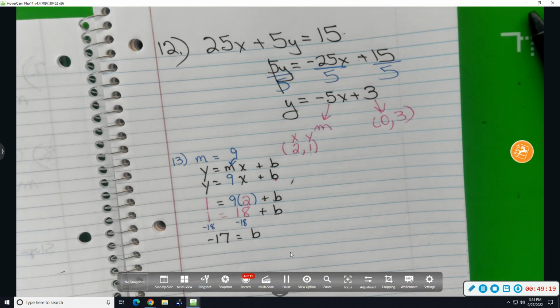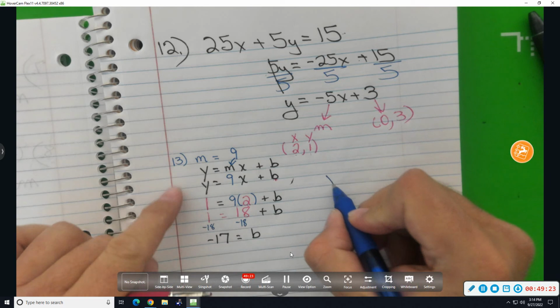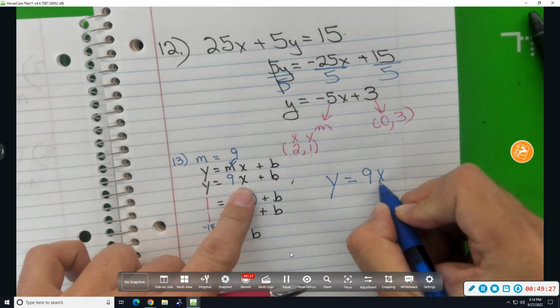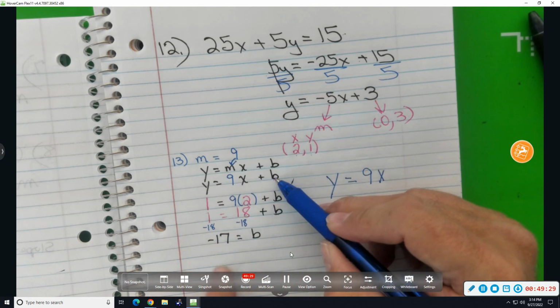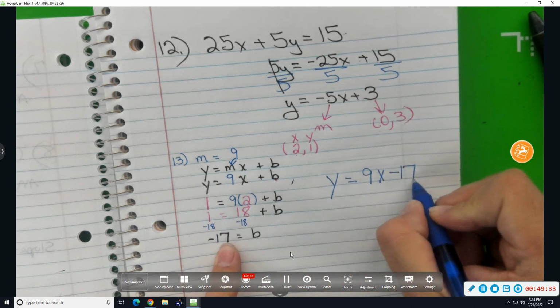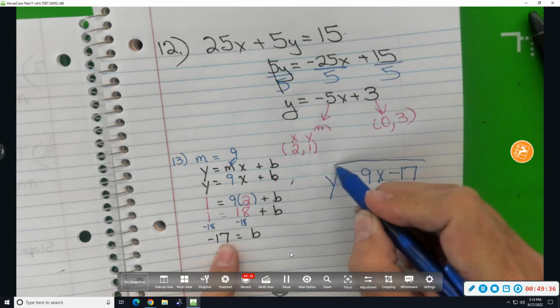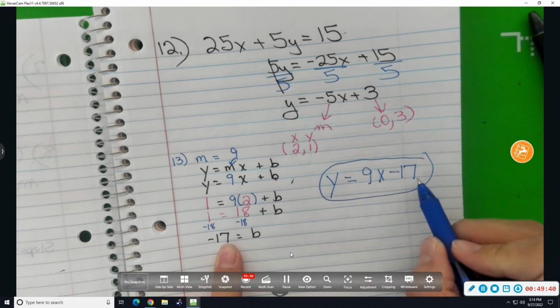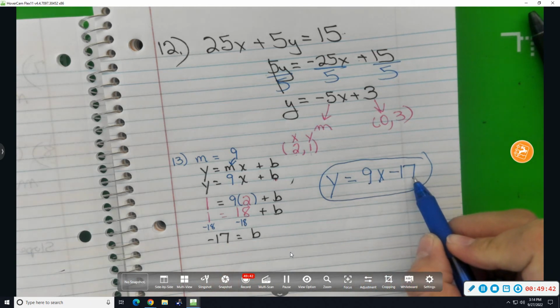Your final answer is going to be an equation: y equals 9x minus 17. In place of the plus b, we'll put minus 17. So here's your slope, and your y-intercept would be the point (0, negative 17).